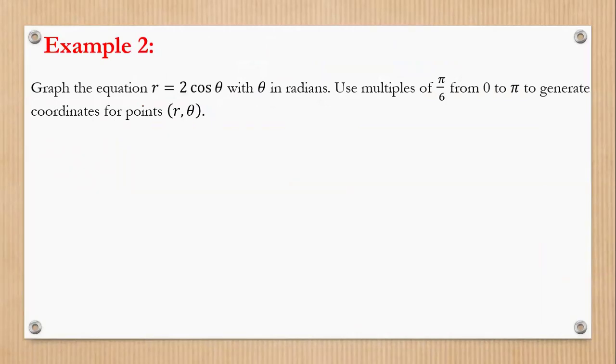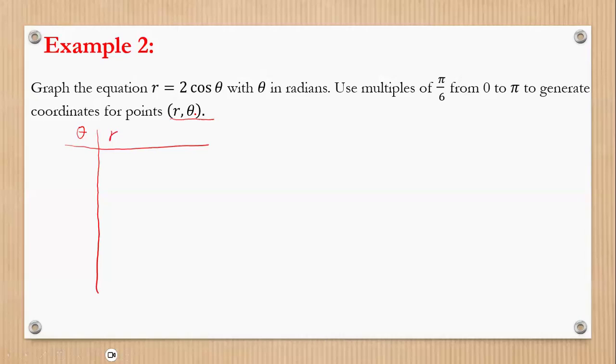So first of all, we need to find points. We create a table, replace values for theta, find r, and then find points of r and theta.